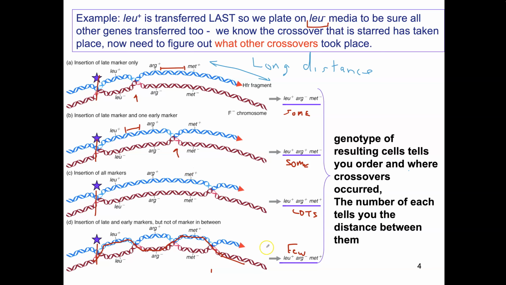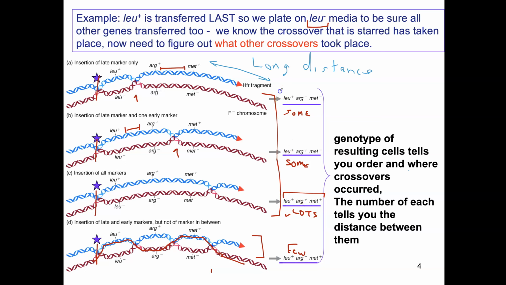So we can figure out by the relative size what the 4 crossover class is and what the various single crossover and double crossover classes are. But think about this in analogy to the 3-point cross that we talked about with eukaryotes, because there was the non-crossover one, which is kind of like this one because there's no crossover between the genes we're studying, just one to either side, right?